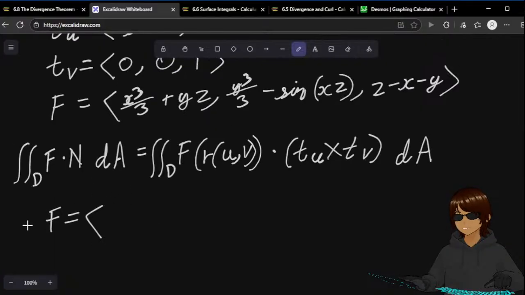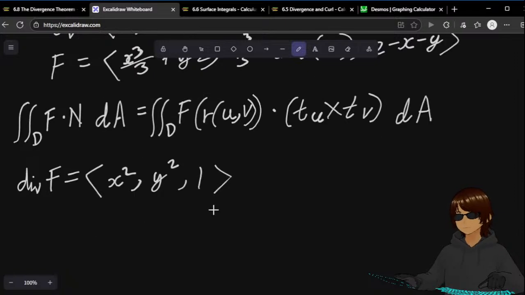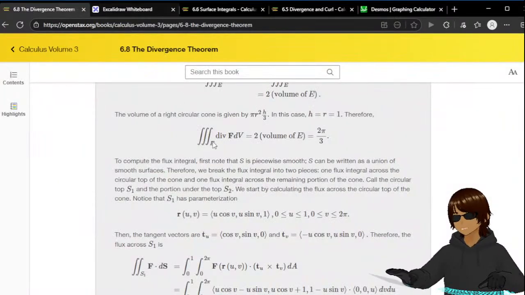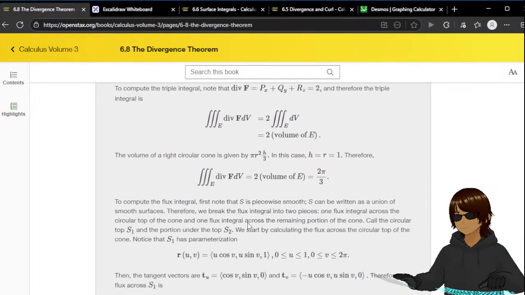So we differentiate the first one with respect to x, differentiate this with respect to y, and differentiate this with respect to z. We get 1. Now what? We want this over the volume, right? This times dV.